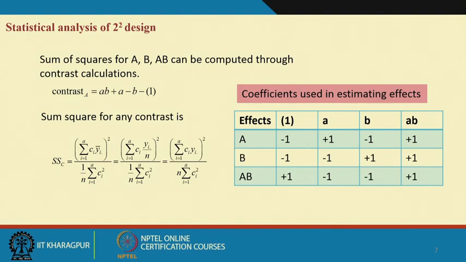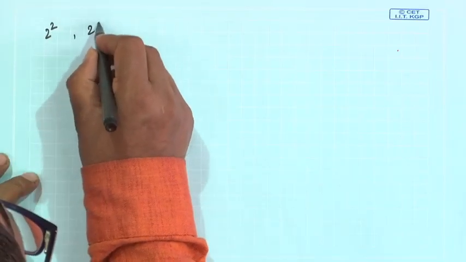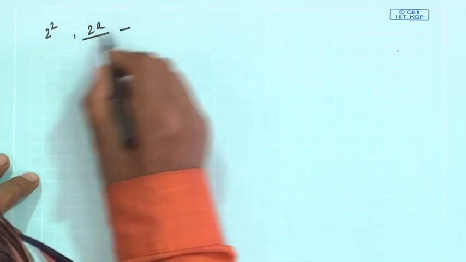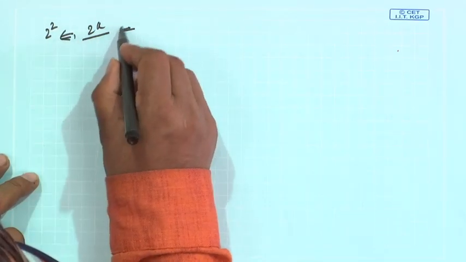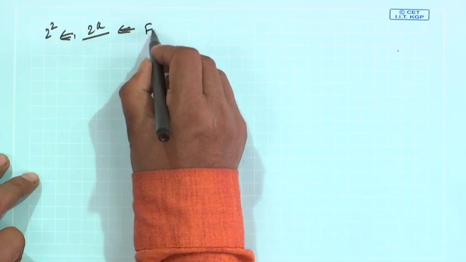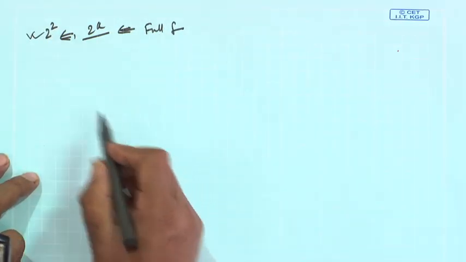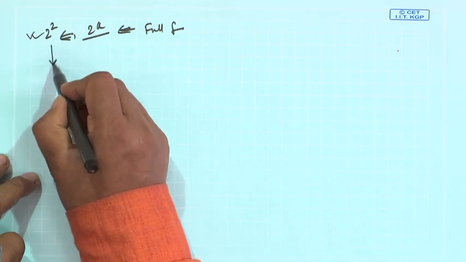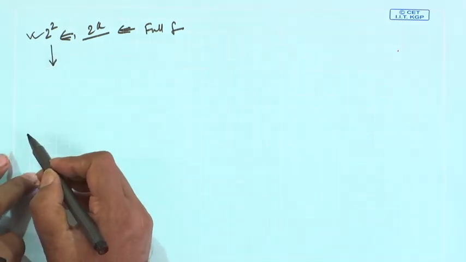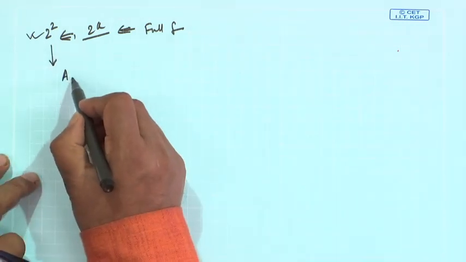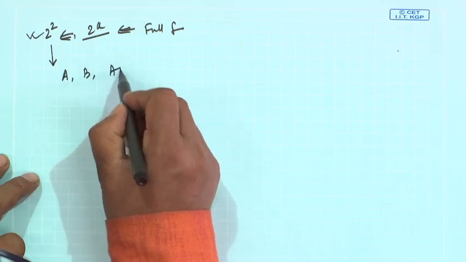So, what we have discussed so far is that the 2 to the power 2 design is a special case of the 2 to the power k design, and the 2 to the power k design is a special case of the full factorial design. Then we showed, with reference to 2 to the power 2, how to compute the effect parameters A, B and AB.